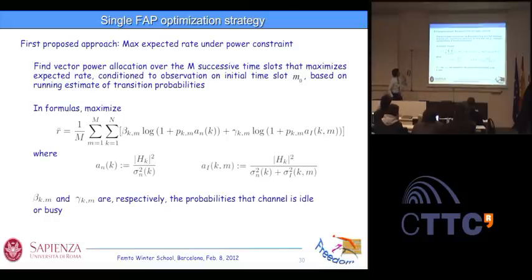So again, what we want to do is find the optimal power allocation coefficients, PKM, across frequency and time, depending on the transition probabilities and on the channels that we have.